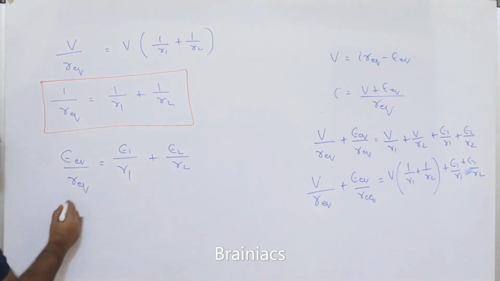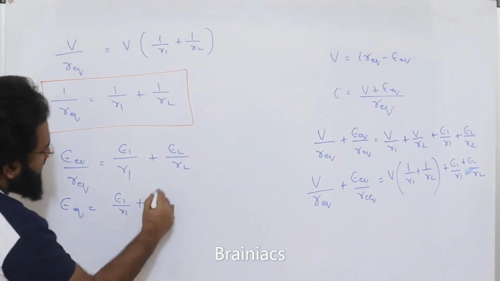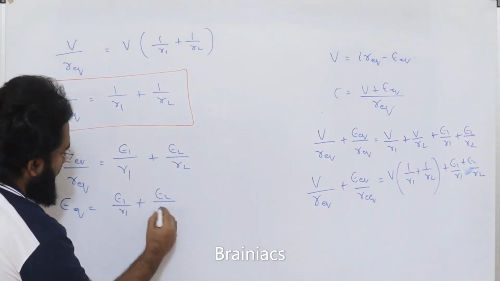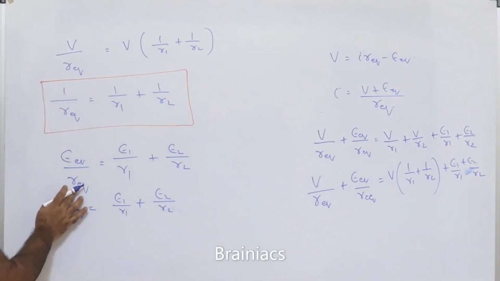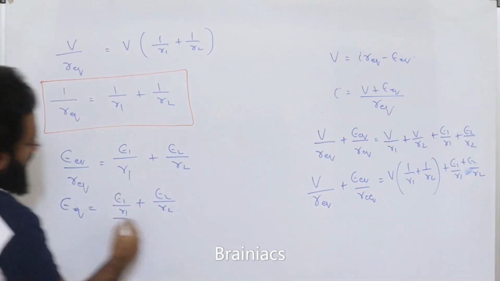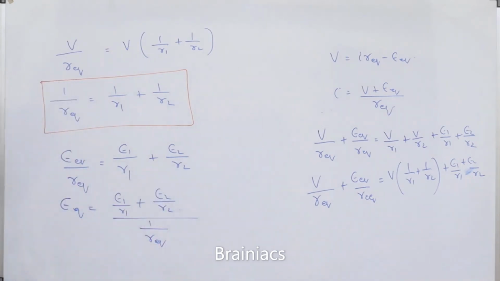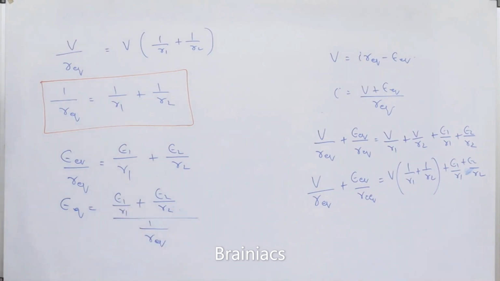So here we can write E equivalent is equal to E1 by R1 plus E2 by R2. When you bring this to that side, we can put here 1 by R equivalent. This will go to numerator, that I can write like this also, 1 by R equivalent.